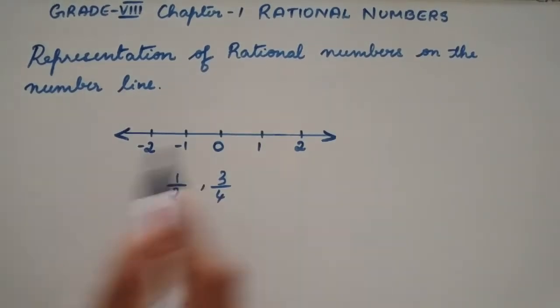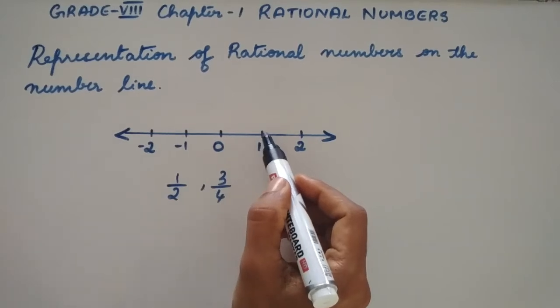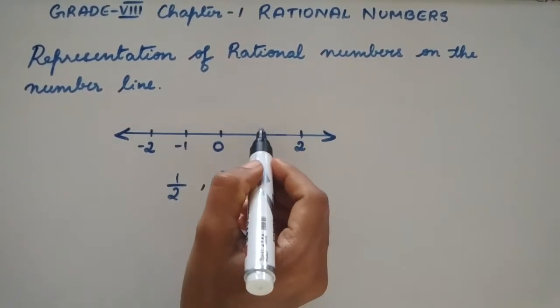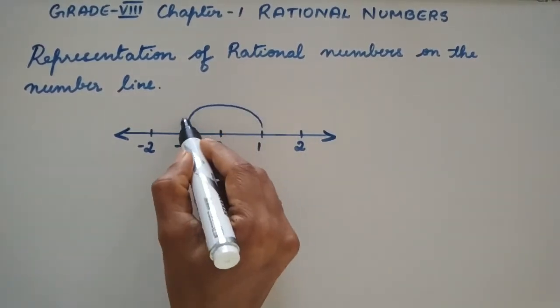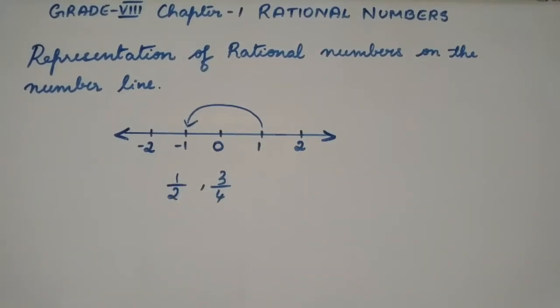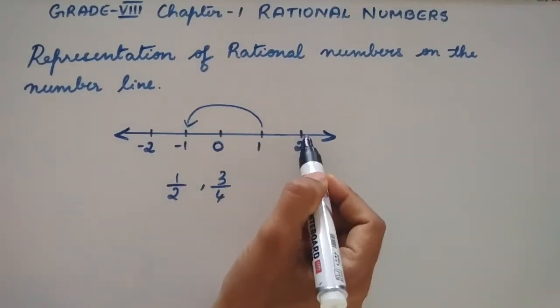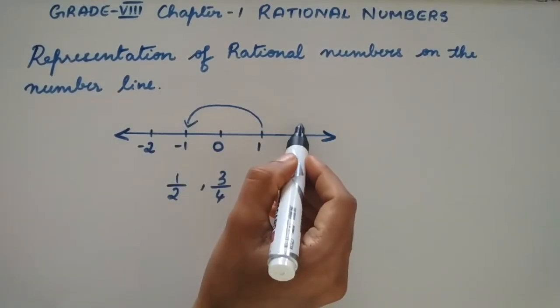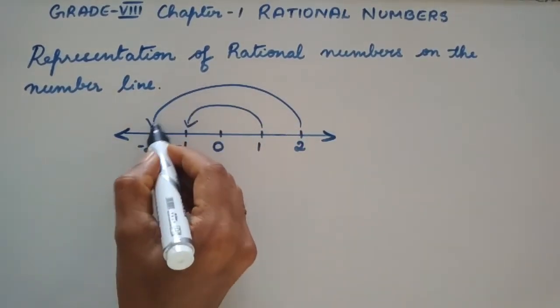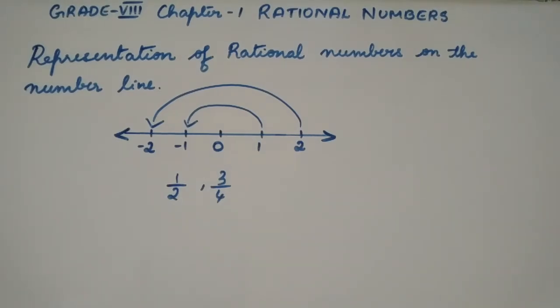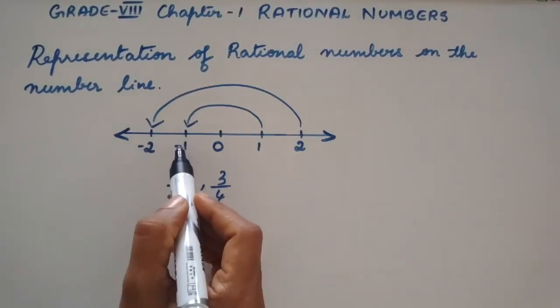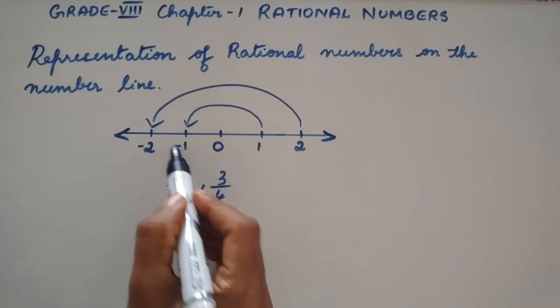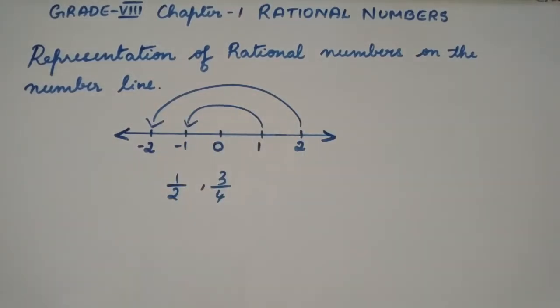The integer 1 has -1 as its corresponding integer. The integer 2 has -2 as its corresponding integer. Similarly, every negative integer will have the corresponding positive integer.